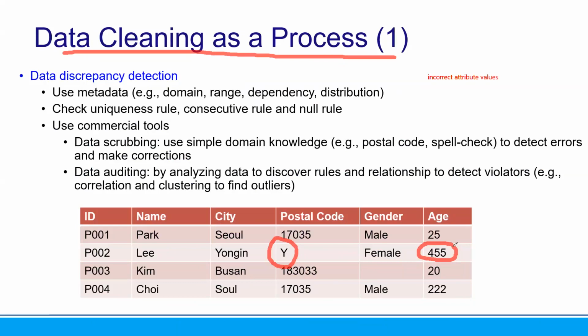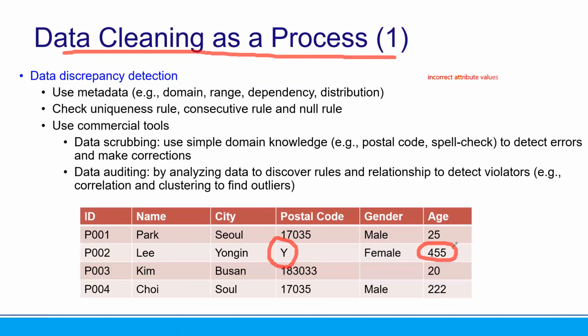And maybe for the foreign students, you may not be familiar with it, but our school postal code is 17035. And the city should be Yongin. So there is inconsistency.